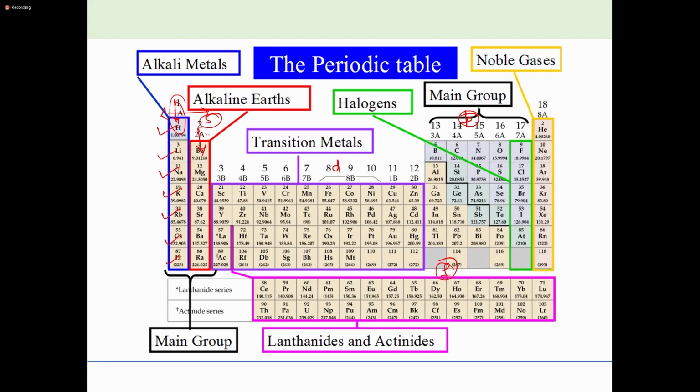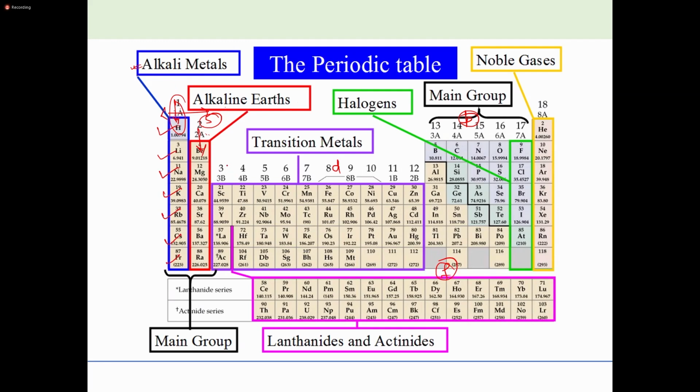These elements are called alkali metals. Second group elements are called alkaline earth metals. These elements are slightly basic compared to the alkali metals, that's why they are called alkaline earth metals.